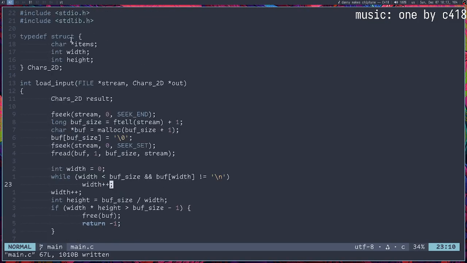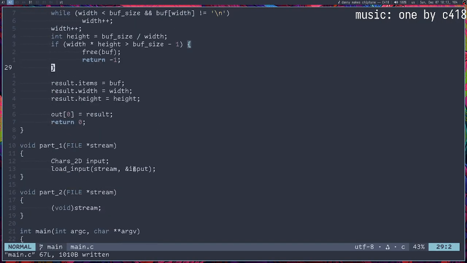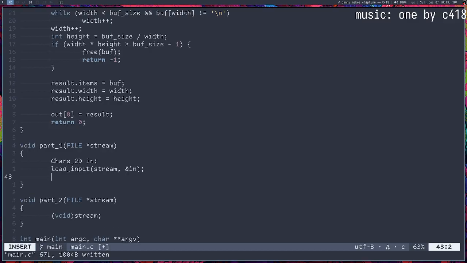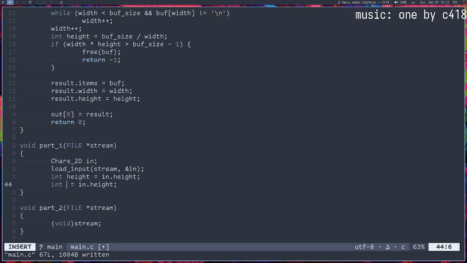Now the problem with this thing is that it includes new lines. Let's rename this to n. The problem is that it includes new lines, which you can fix by having my own height and width as variables in here.